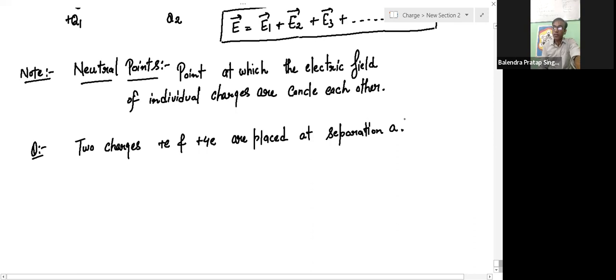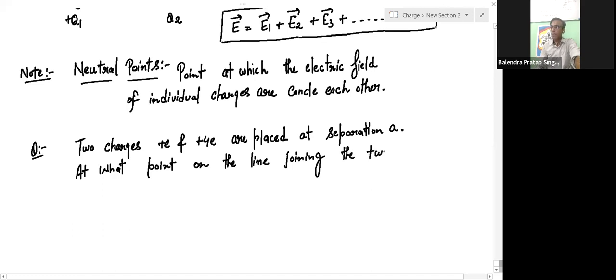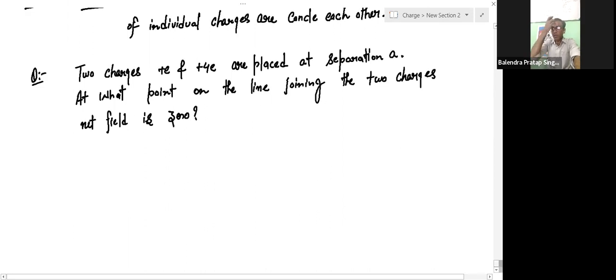At what point on the line joining the two charges is the net field zero? Okay, now let's try to solve this question.